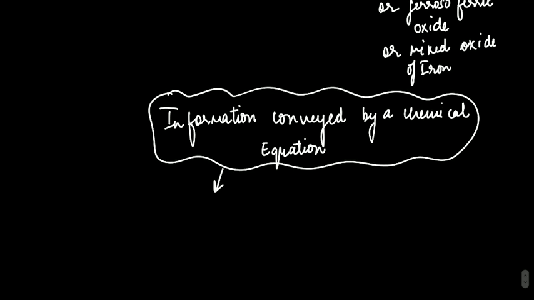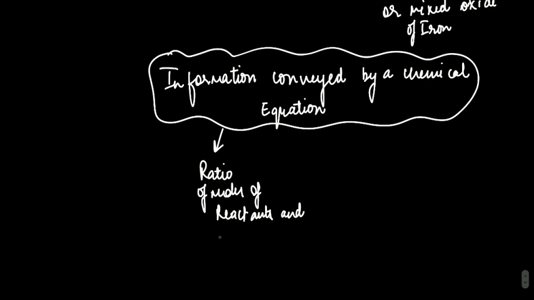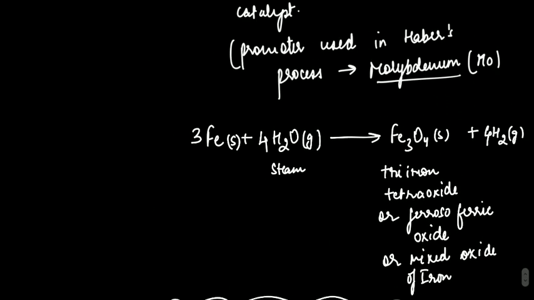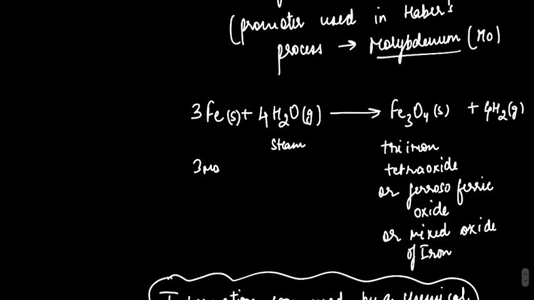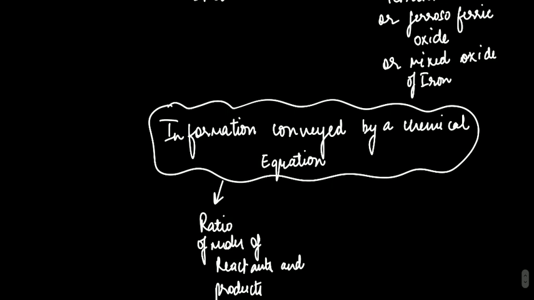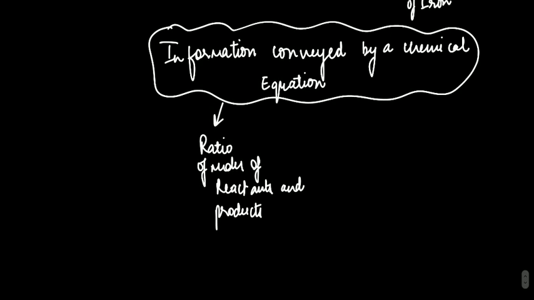So the first thing is the ratio of moles of reactants and products. If you go back to this equation, I can write like this: 3 mole of iron, the same coefficient, reacts with 4 mole of steam to give us 1 mole of triiron tetroxide and 4 mole of water. We can do this. So the coefficients are nothing but the number of moles.